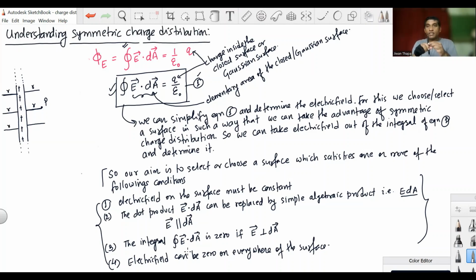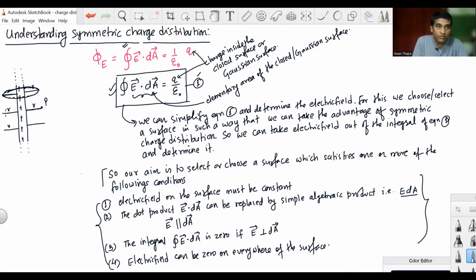Now, imagine this is a thin rod, and you have a point P at distance r on this side. You can take another point at the same distance r on this side. If you join all these points, then you get a circle, or a ring.